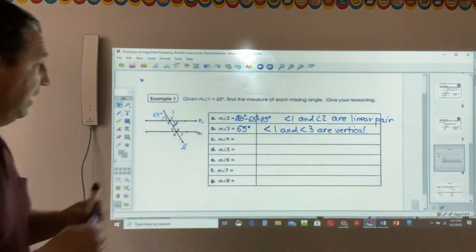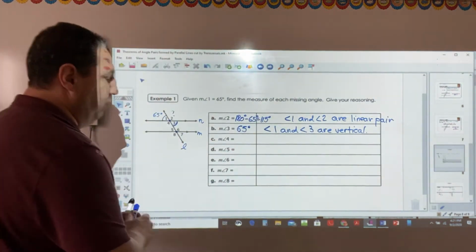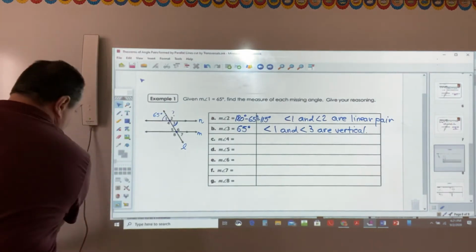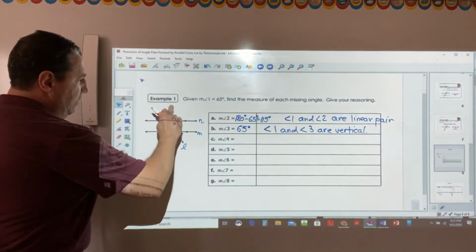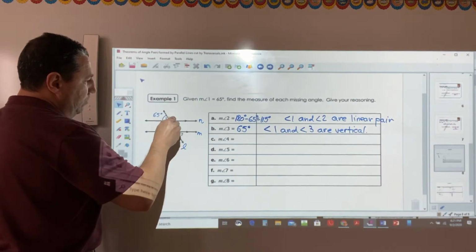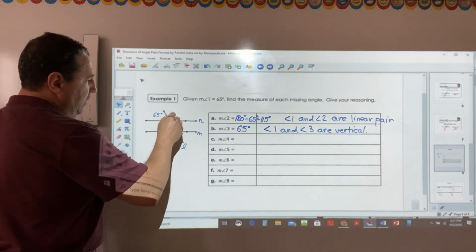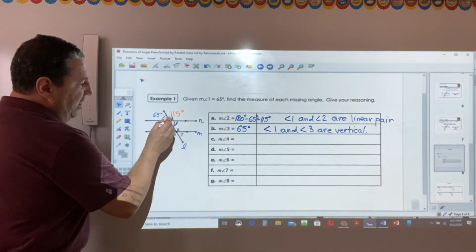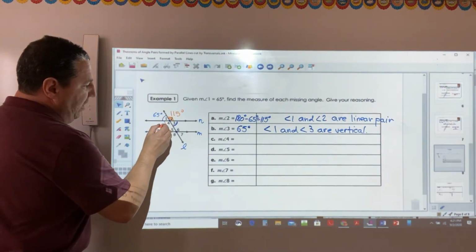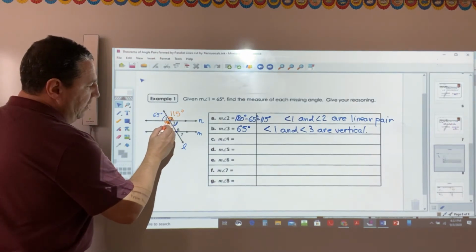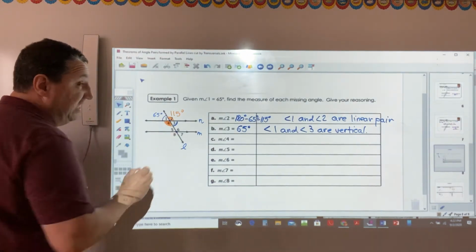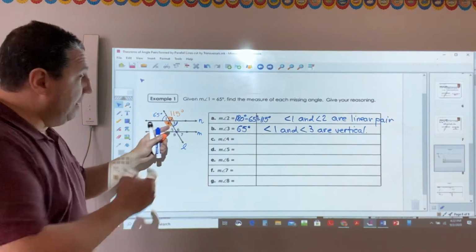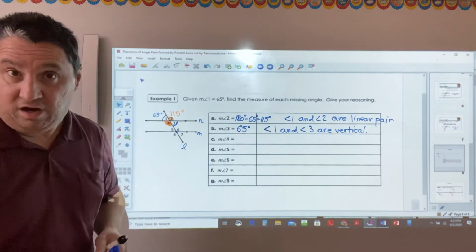Good. Next, measure of angle 4. Now, we have measure of angle 2. We know measure of angle 2 is 115. Now, angles 2 and 4, we know they are vertical. They share a common vertex, but their sides are opposite.